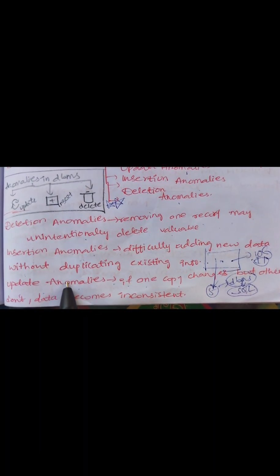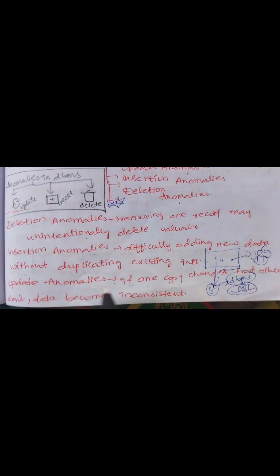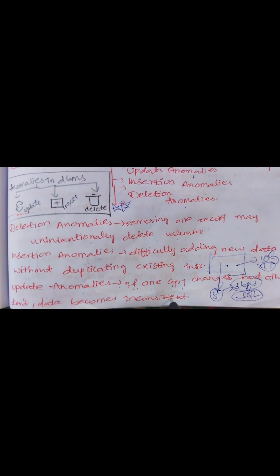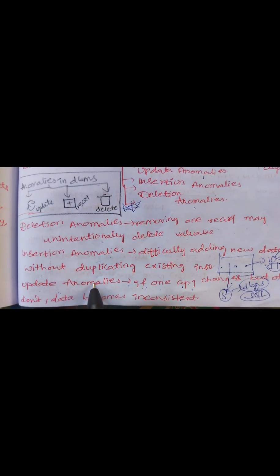Update anomalies: one copy changes but the others do not, so data becomes inconsistent. In some cases, updating may lead to inconsistency. This problem of updating is known as update anomalies.